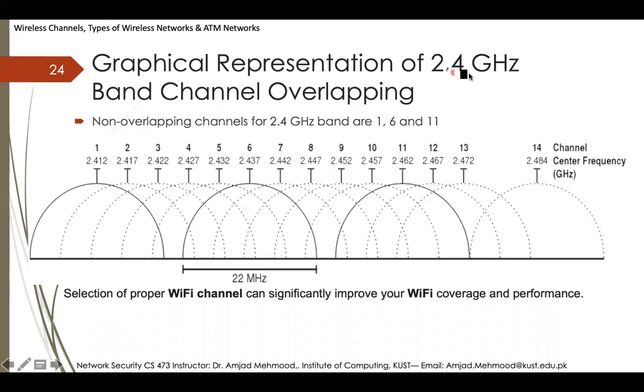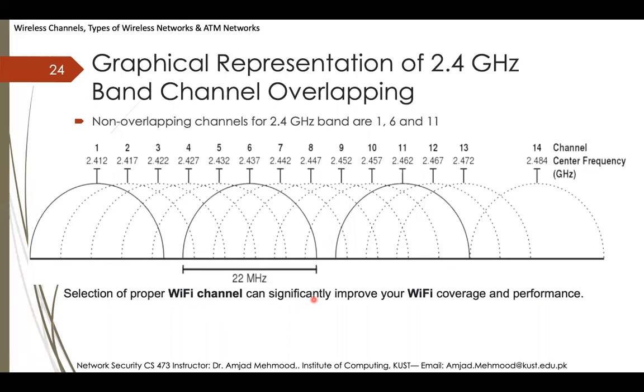Graphical representation of 2.4 gigahertz band channels overlapping. You can see this is the overlapping of the 2.4 gigahertz band. Here you can see that channel number 1, channel number 6, and channel number 11 are non-overlapping channels. And one important thing, why we are studying this channel selection: selection of a proper Wi-Fi channel can significantly improve your Wi-Fi coverage and performance.